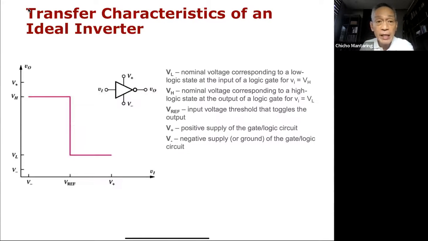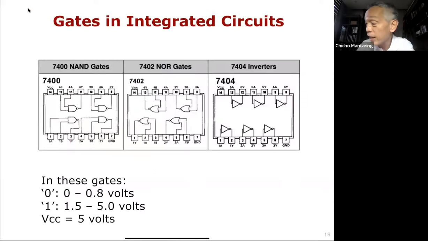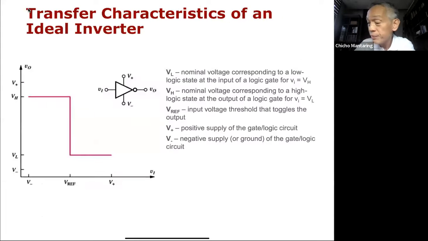This is the transfer characteristic of an ideal inverter. So this is my inverter. Of course, I have to have a power supply connection and a negative power supply connection or a ground connection. So there is a power supply and there is a ground.